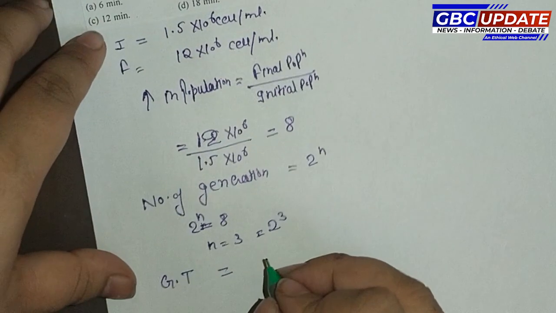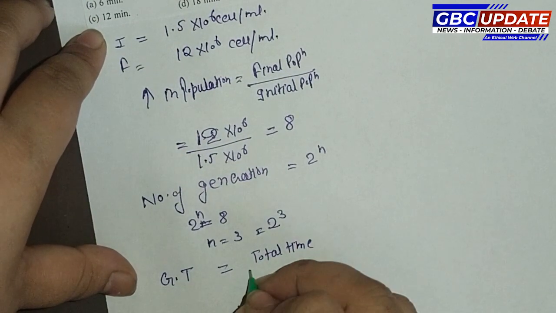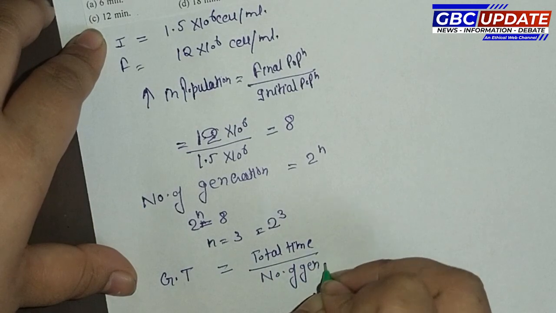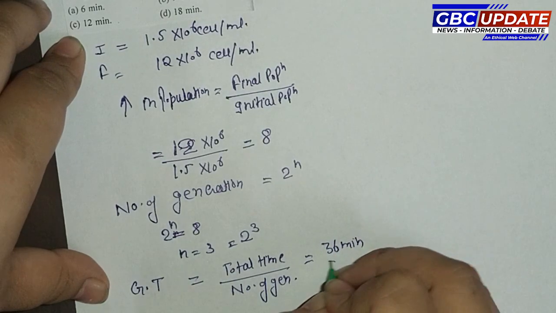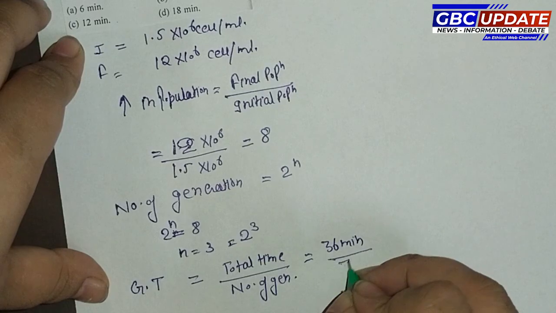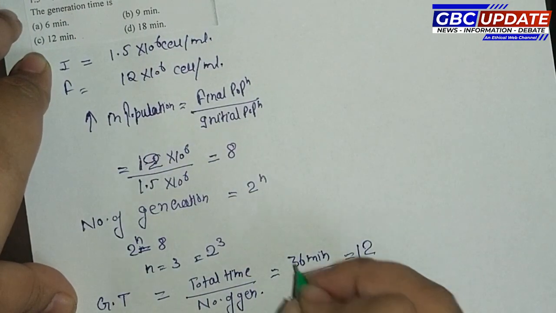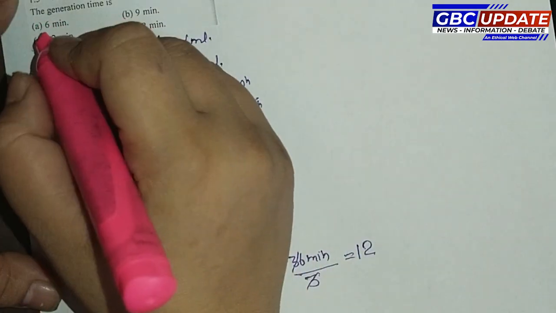The generation time is total time divided by number of generations, which is 36 minutes, which is already given as total time, divided by the number of generations, which is 3. So it will be 12. So the correct answer is C, 12.